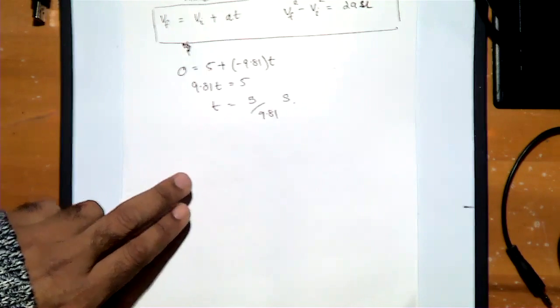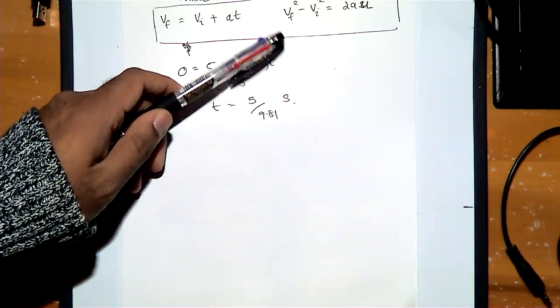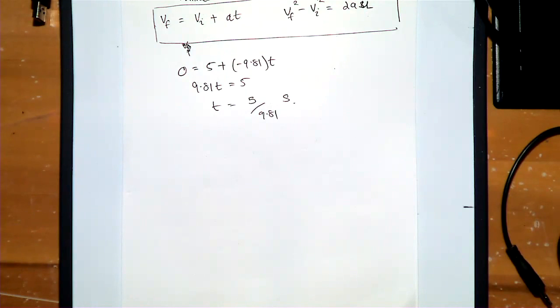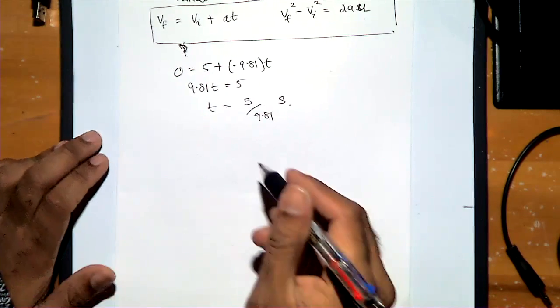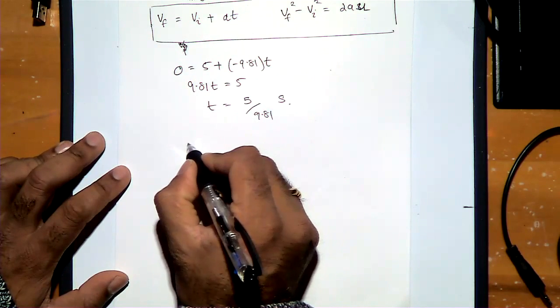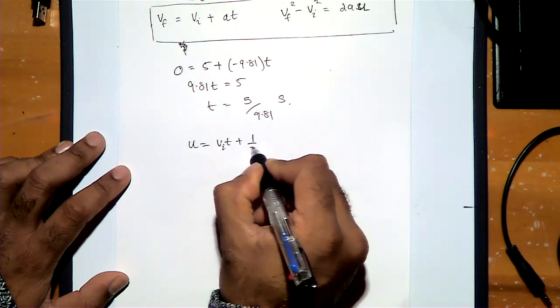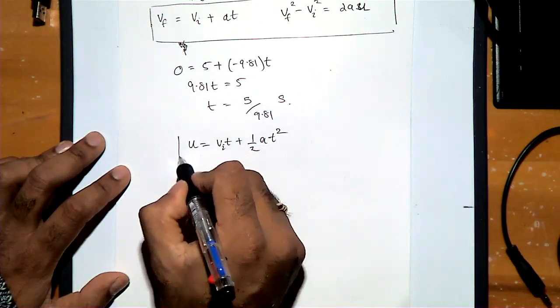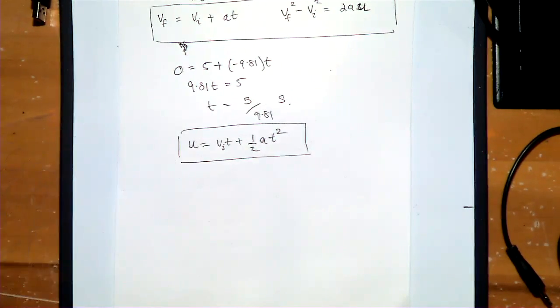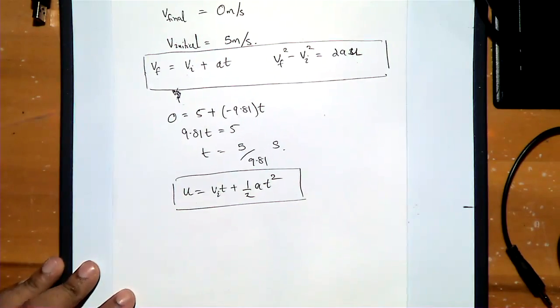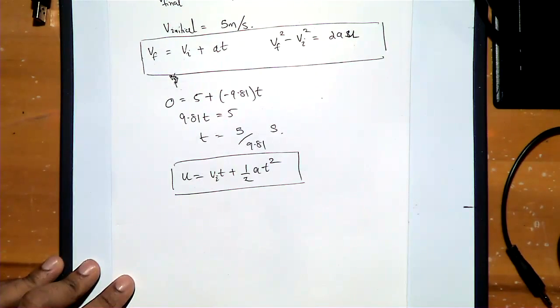So you could use that relationship over there to directly calculate what the displacement is without knowing time, but you could also do s equals v initial t plus half a t squared. So that's a third relationship that you could use to evaluate it. Okay? So notice here I have used VF, VI, and S instead of V, U, and S.